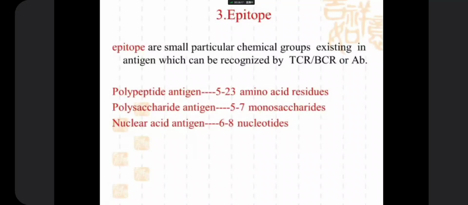For nucleic acid antigen, even 6 to 8 nucleotides can constitute an epitope. So it's very magic. Epitope is just small particular chemical groups existing in antigen which can be recognized by TCR or BCR or antibody.